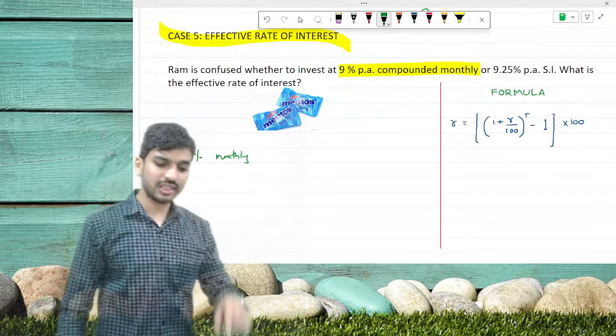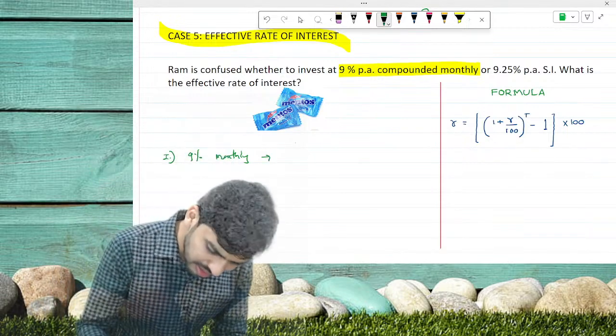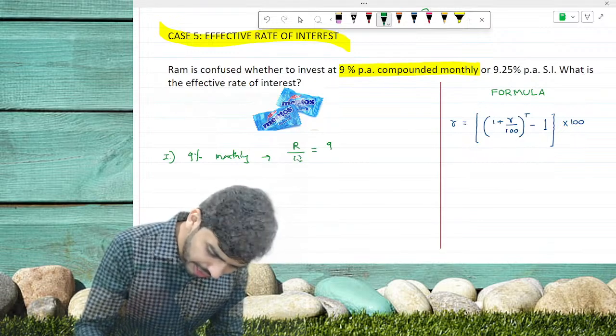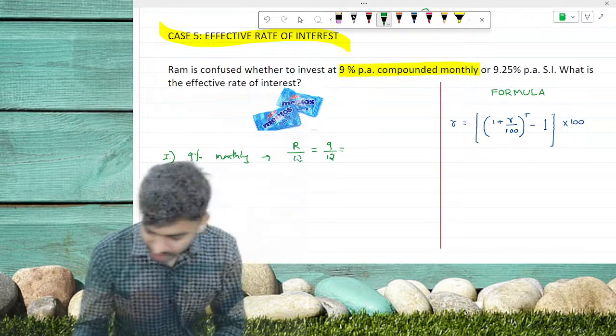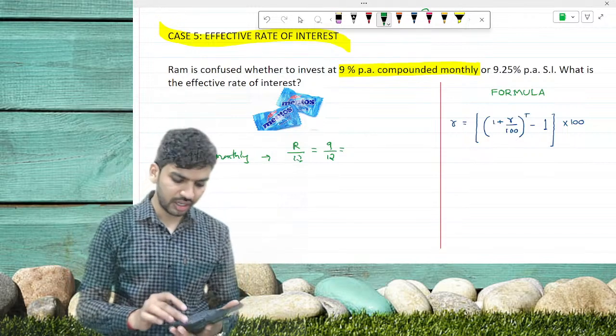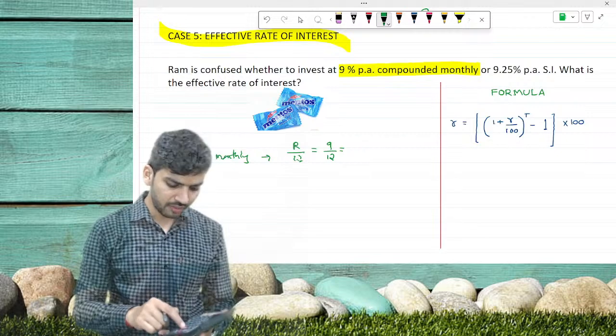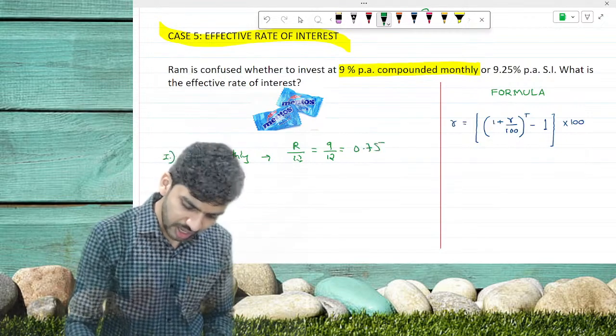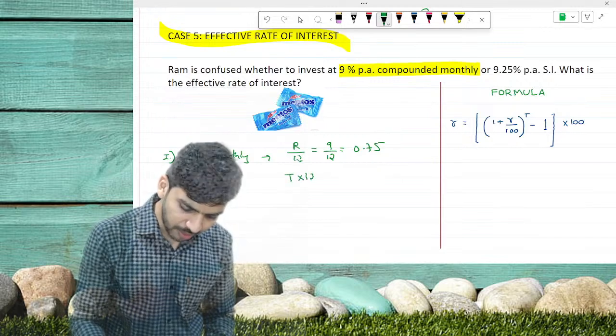Since it is monthly, the rate of interest will be divided by 12. That means 9 divided by 12, which is 0.75, and time will be multiplied by 12.